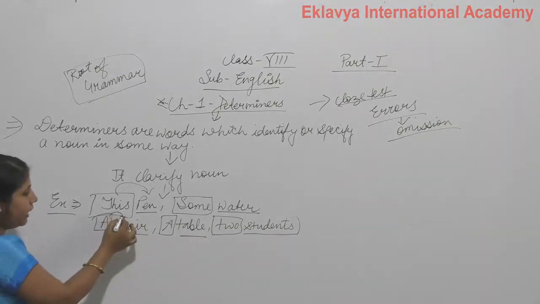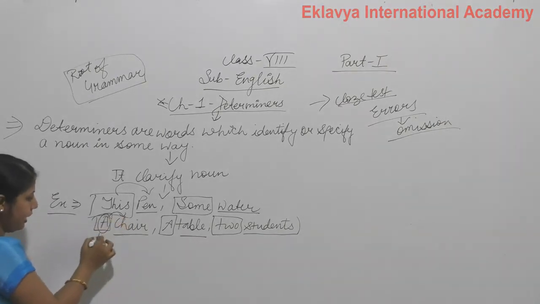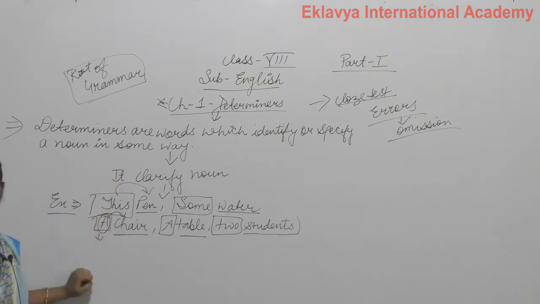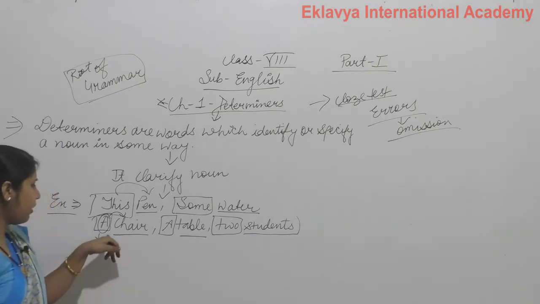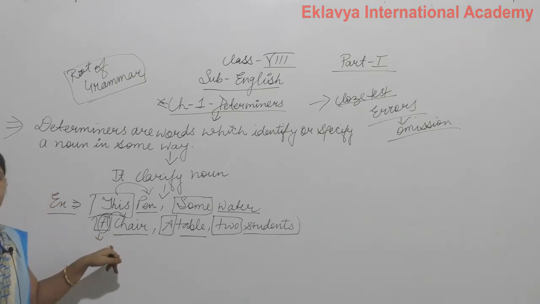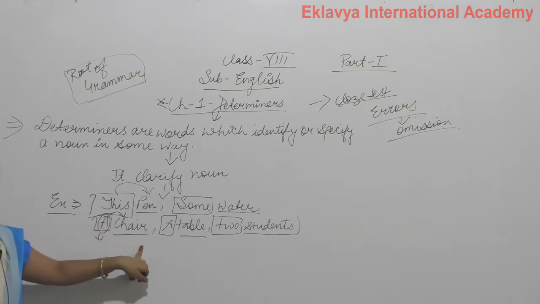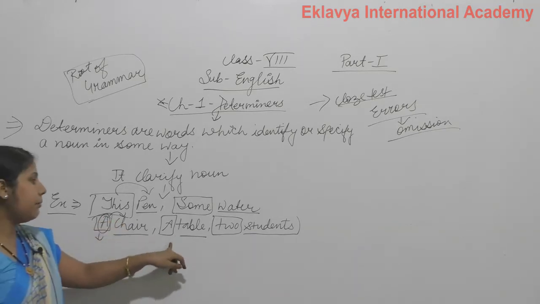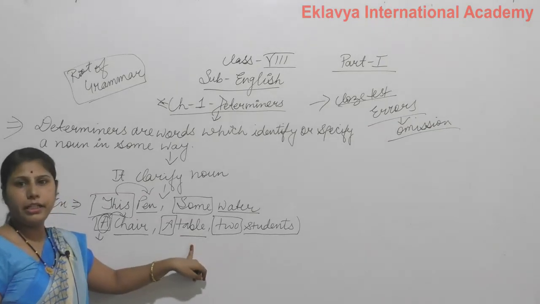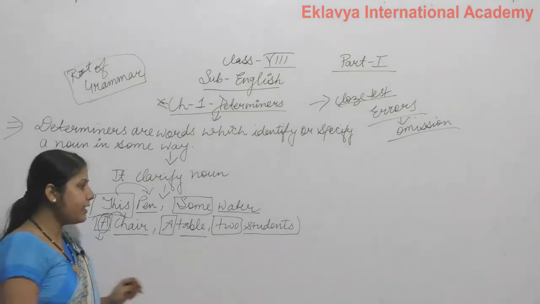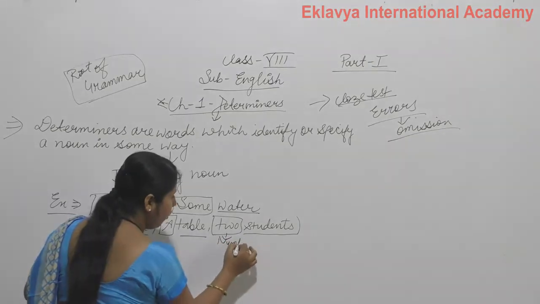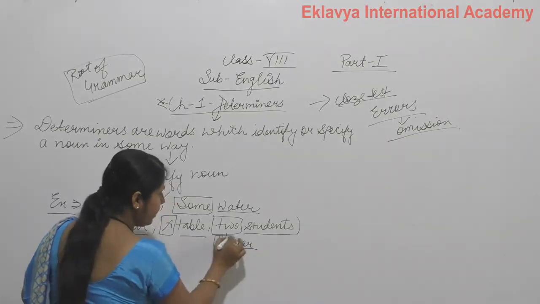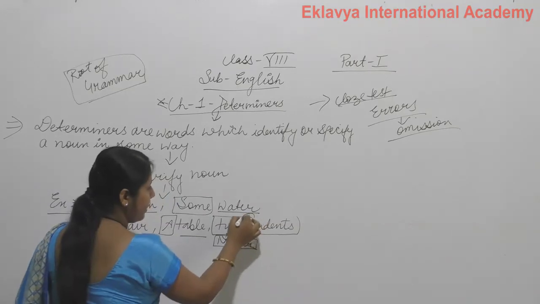So a identifies the chair. A is an article. Article is also a part of the determiners, which we will discuss in the next topic. A identifies the chair, the table identifies the table, and this number of students means this 2 identifies the students.